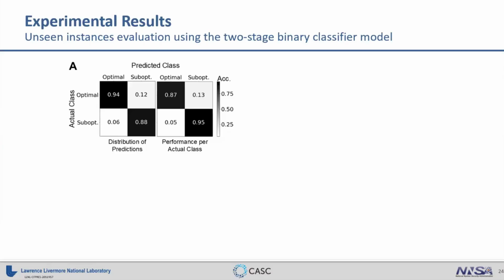For the 2-stage binary classifier, we had a 94% accuracy for optimal case predictions, only misclassifying 6 of the test instances. The right matrix is row normalized, showing the performance per class. So this shows the model's performance in finding all true positives, for the recall measurement. And here we observe that our model captured 87% of the optimal test instances while failing to identify 13%.